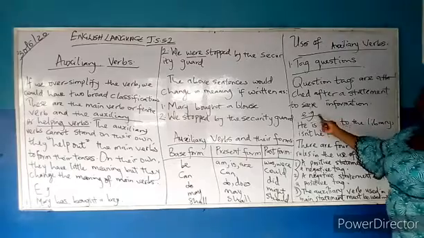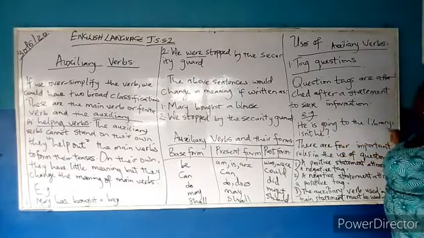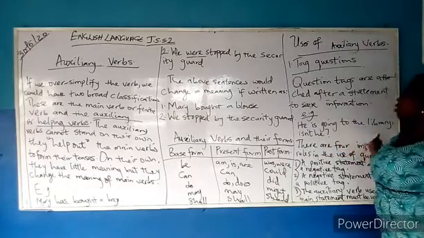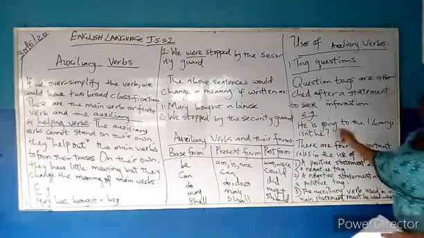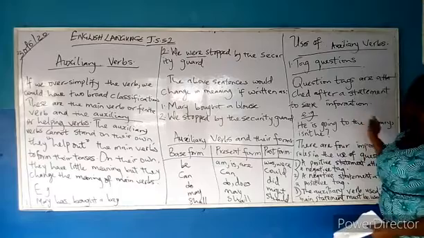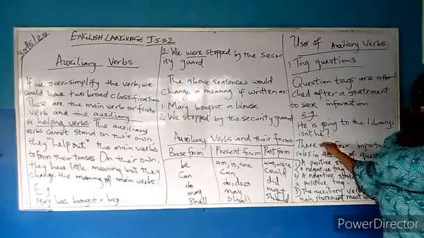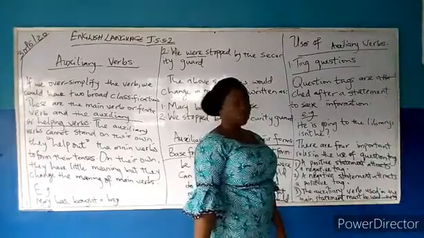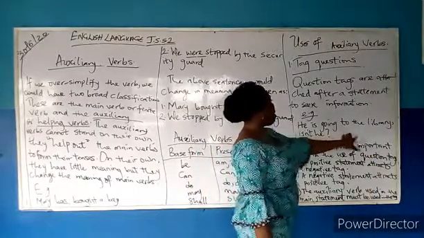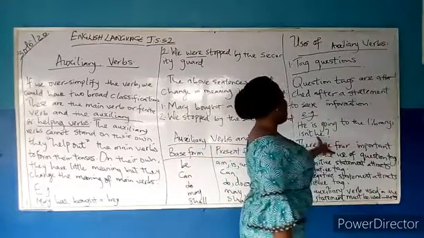For instance, he is going to the library. Remember that is here is an auxiliary verb. It gets a negative tag. He is going to the library, isn't he?